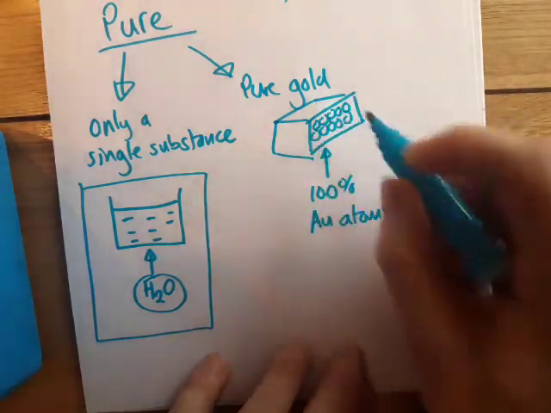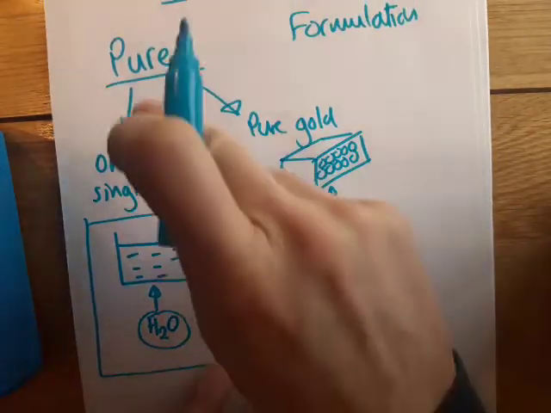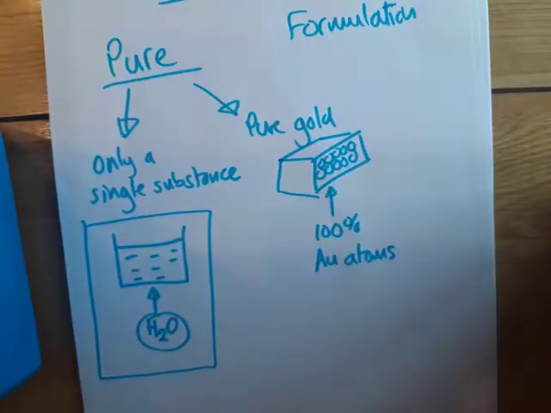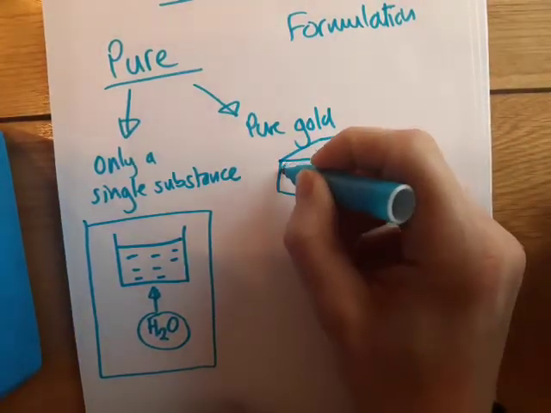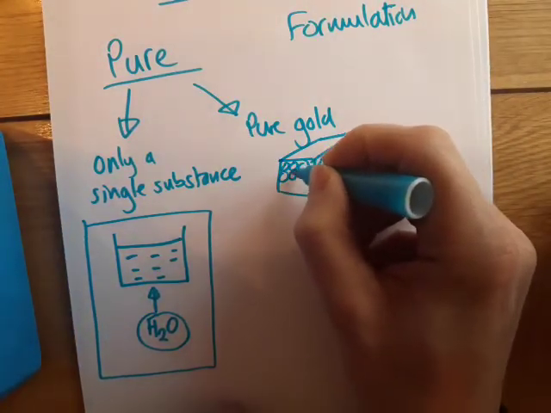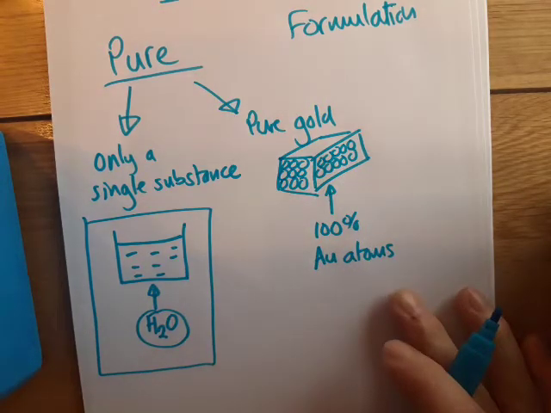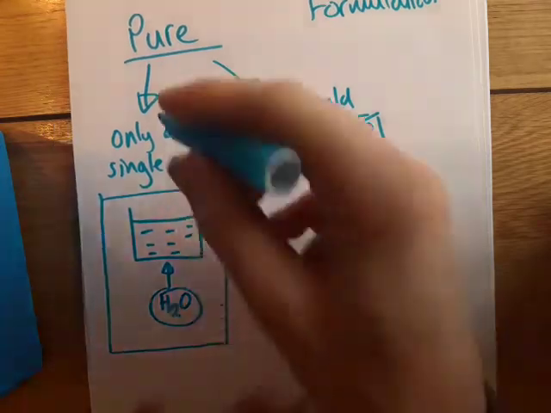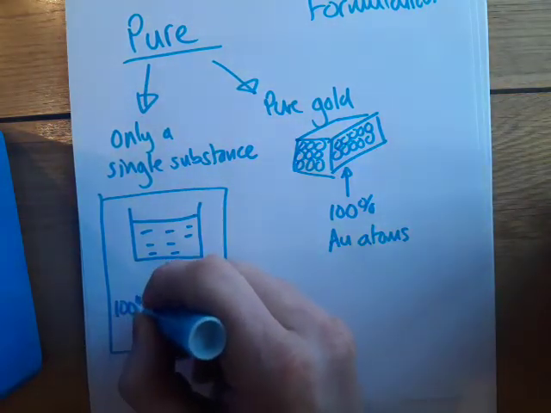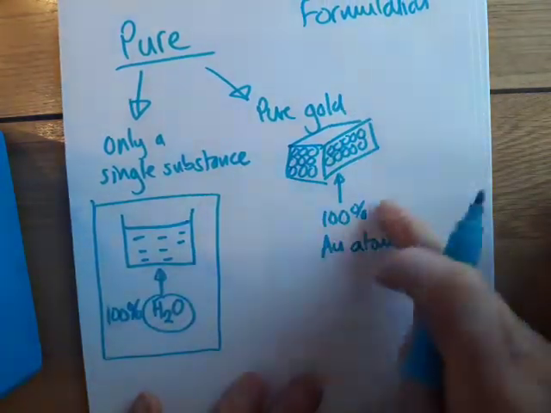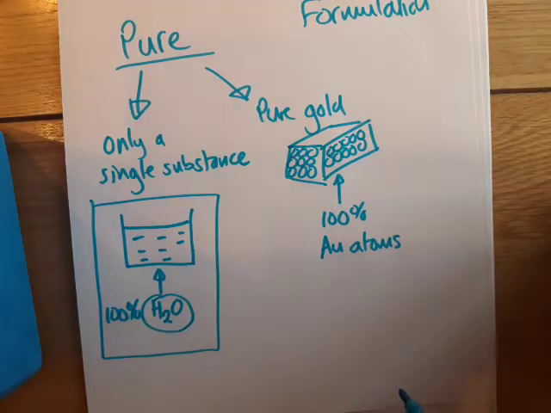If you had any other atoms in there, it would not be pure gold. So the word pure in chemistry really has to be very specific. It means you are made of one type of thing only. So pure water is 100% H2O, and pure gold is 100% Au.